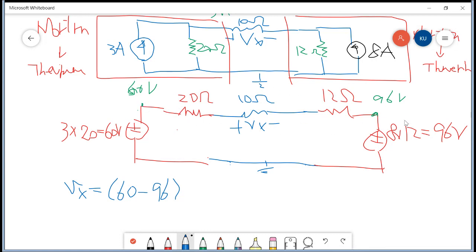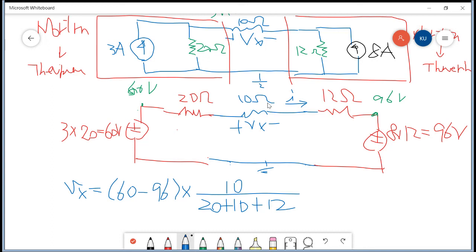So 60 minus 96, and then the current going through it is divided by 20 plus 10 plus 12. So this one divided by this one is the current going through here. So Vx should be the current multiplied by 10 ohm.